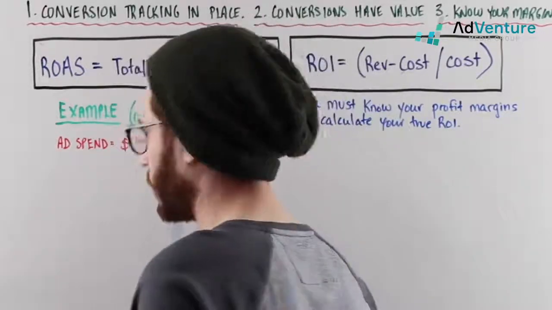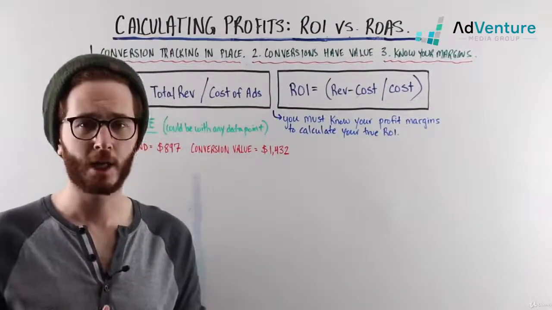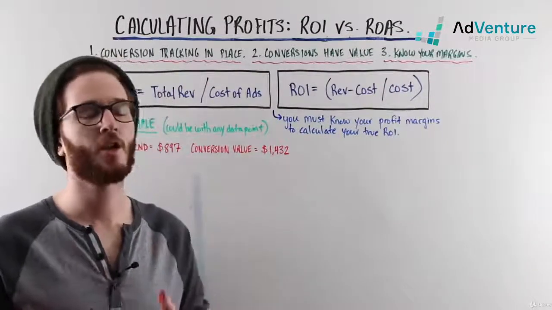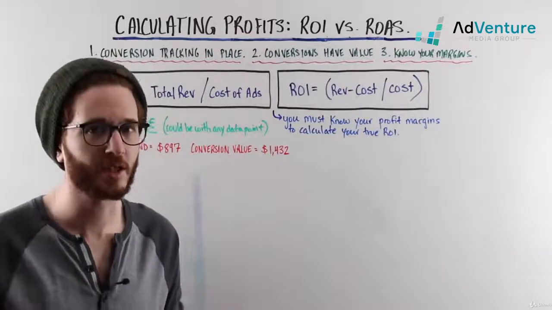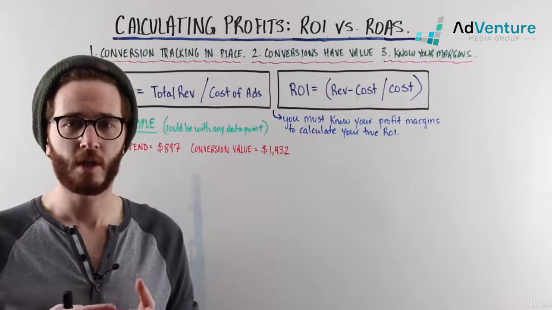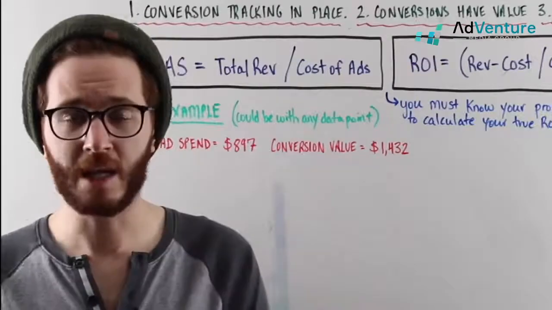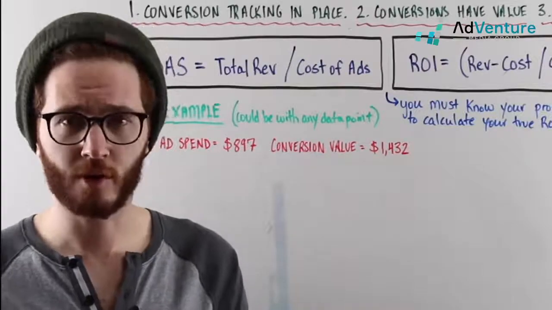Return on ad spend, which is ROAS, refers to a very simple calculation that doesn't take your company's profit margins into account. It's simply looking at your returns from what you spent on ads to what you made in conversions, the value of those conversions.